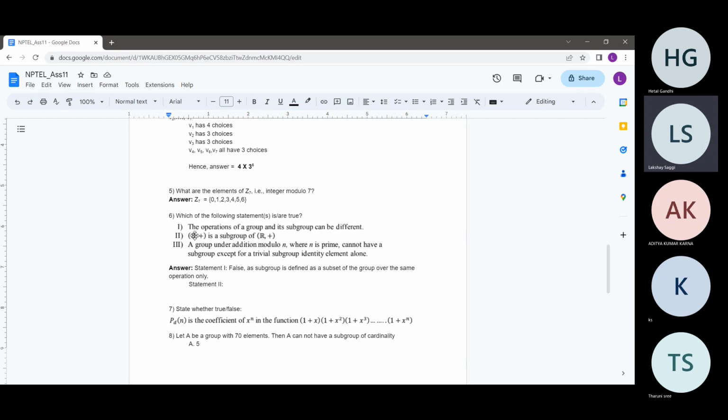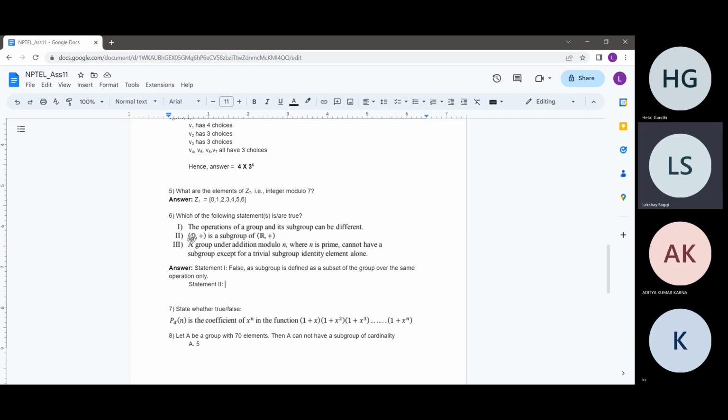And since the set of rational numbers is a subset of the set of real numbers, which is something you should know, rational numbers are a subset of real numbers, right? So this follows all four properties of the group, and it is also a subset of R. And in both cases, the operation defined is the same, the addition operation.